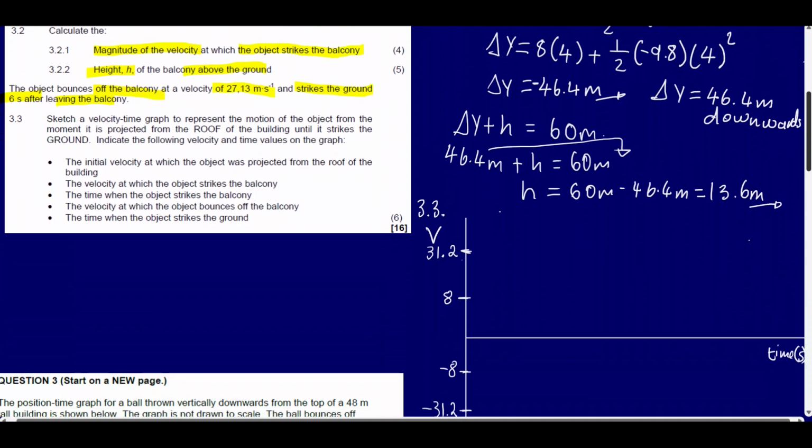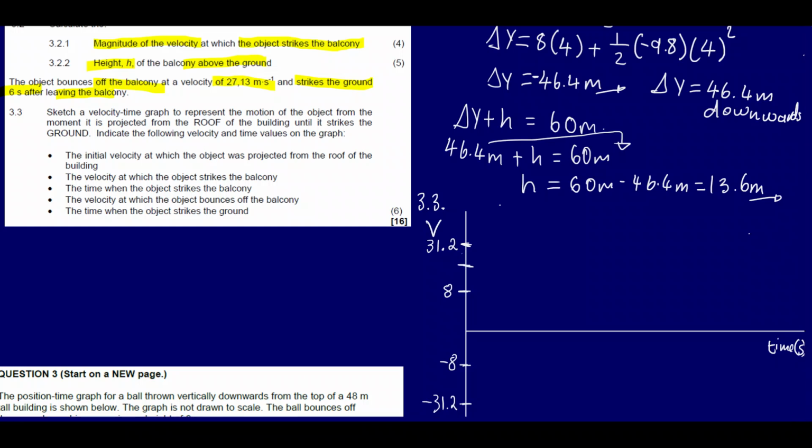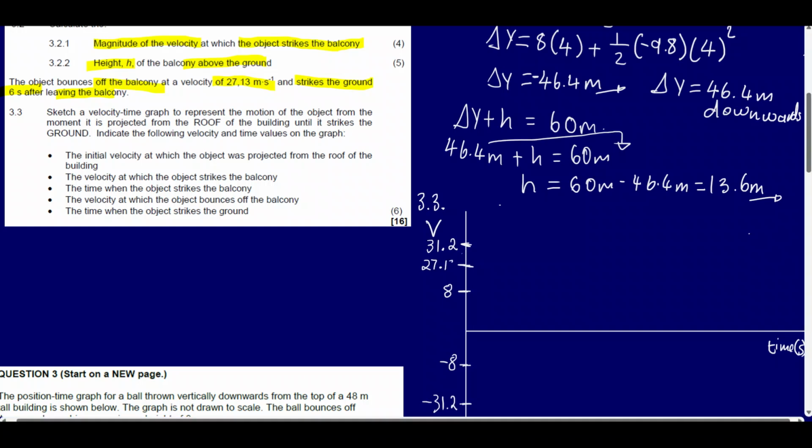Do we have another velocity? I think we do, and it was the 27. So this one we can put in the middle between the numbers: 27.13, and we can also put minus 27.13 here.